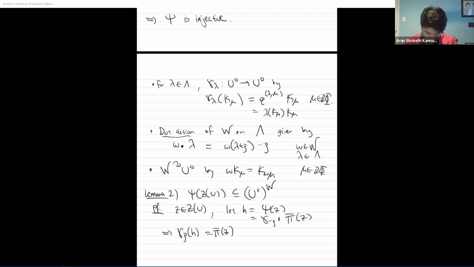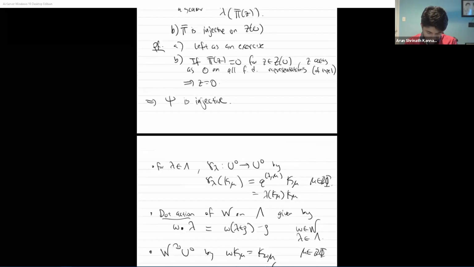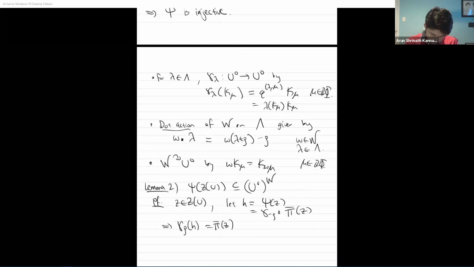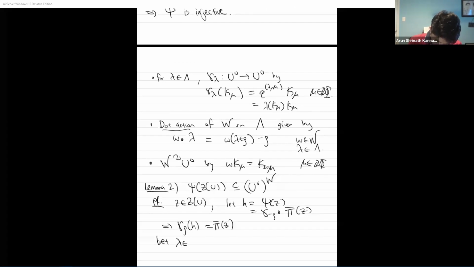Okay, now by the previous lemma here, how do I say this? So let lambda be in the weight lattice.